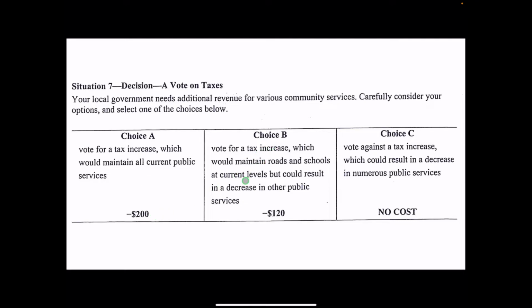Choice B, vote for a tax increase which would maintain schools and roads at current levels but could result in a decrease in other public services. Or C, vote against a tax increase, which could result in a decrease in the number of public services. So again, in situation 7 on your summary sheet, write either choice A, B, or C and whatever dollar amount, and then figure out your balance.